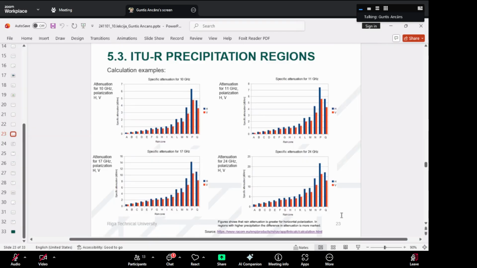And here are given calculation examples, and the figure shows the rain attenuation is greater for horizontal polarization in regions with higher precipitation. The difference in attenuation is more marked.